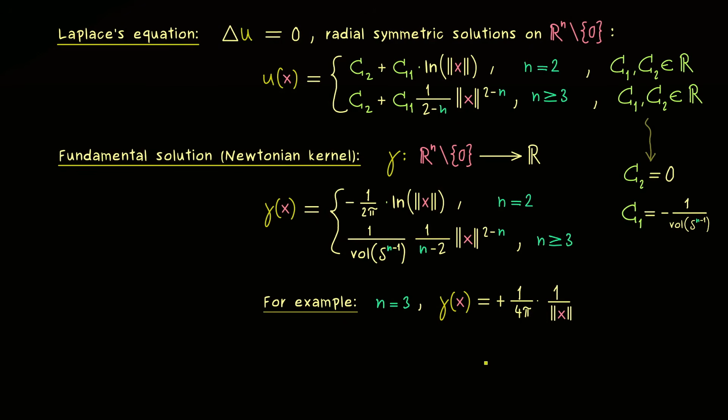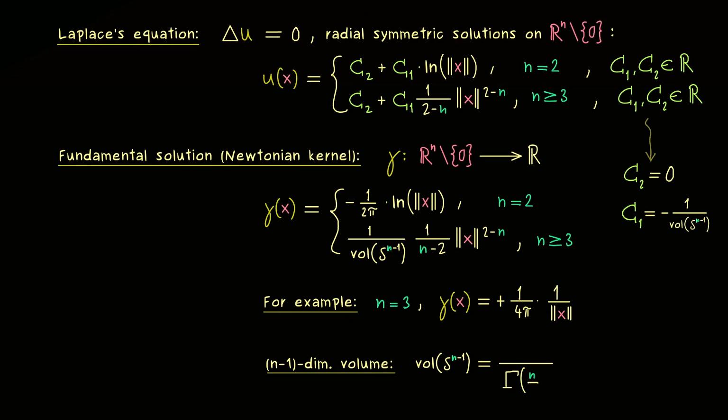But as always, we don't have to restrict ourselves to this case because we can easily deal with the general n as well. Maybe the only problem there is that you don't know the general formula of the n-1 dimensional volume of our unit sphere. However, there I can tell you that this one can be calculated by using the gamma function. And fortunately here, the gamma function is denoted by a capital gamma.